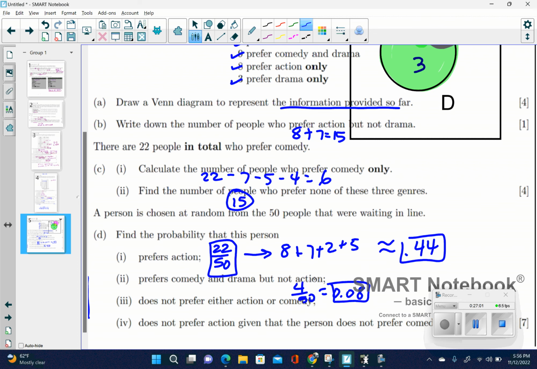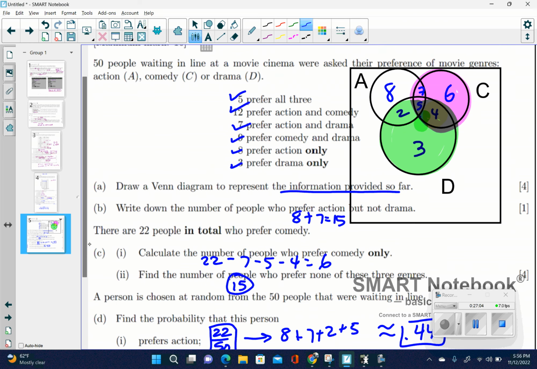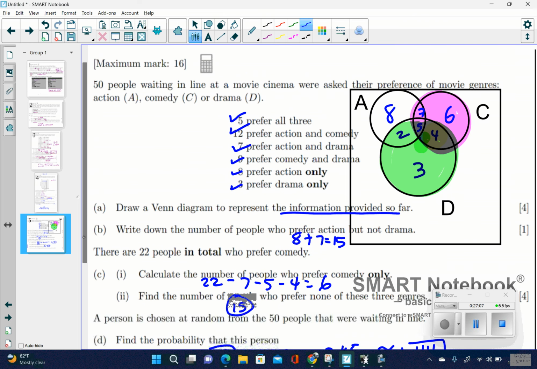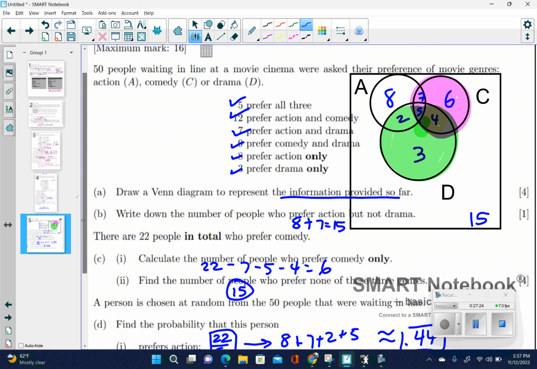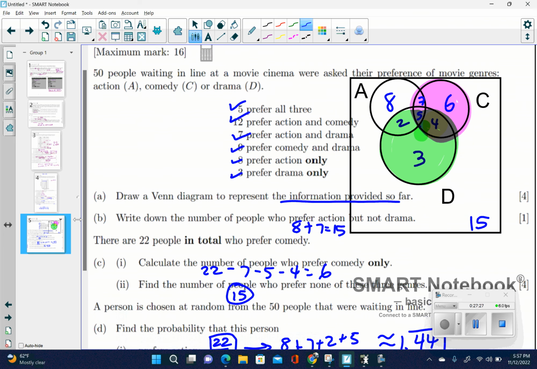Does not prefer either action or comedy. If we look at this next one, we already know that the number of people who prefer none of these is 15. So 15 is just sitting there by itself.